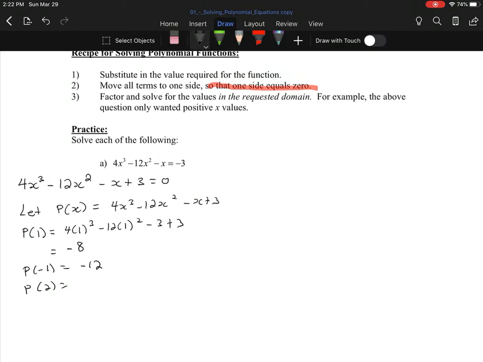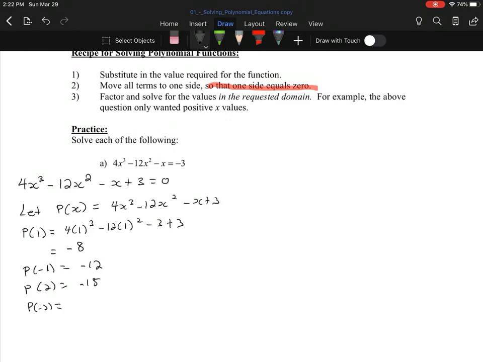I just got to do a little repair job on there. I get negative 15.